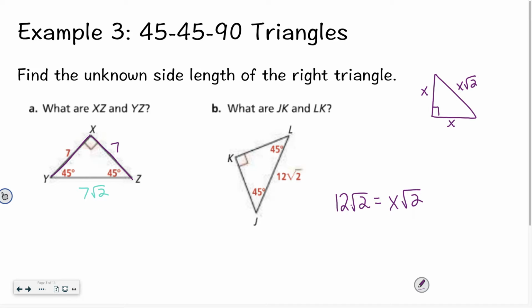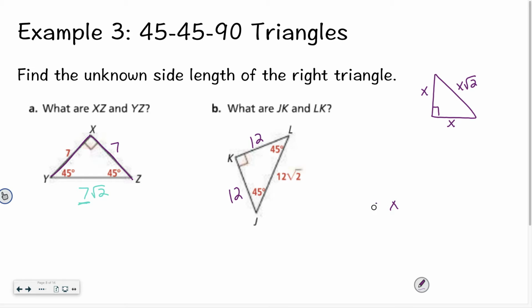We're multiplying both sides by a square root of 2, so that means that those would cancel, right? Anytime you multiply by the same number on either side, you can cancel them out. So here I am left with just 12. Or you could even say, well, it's 12 because that's the number that goes outside of the square root of 2, just like over here. Okay, so the two sides would be 12.